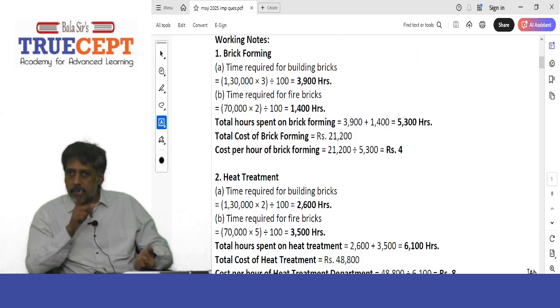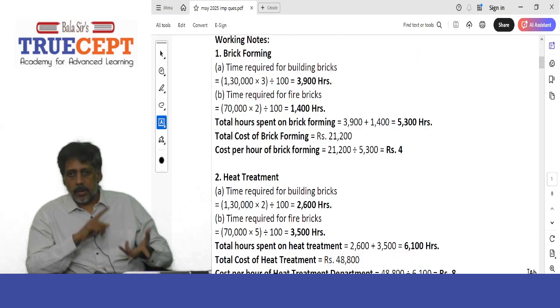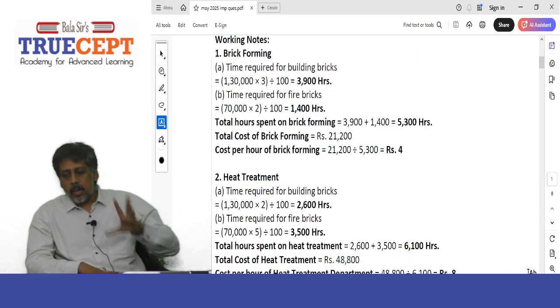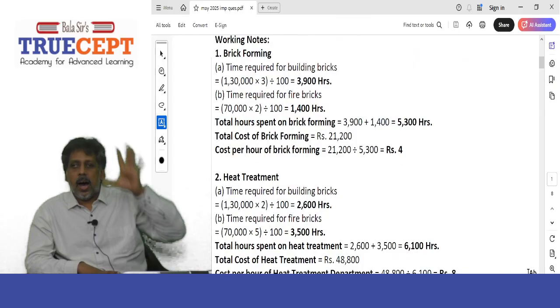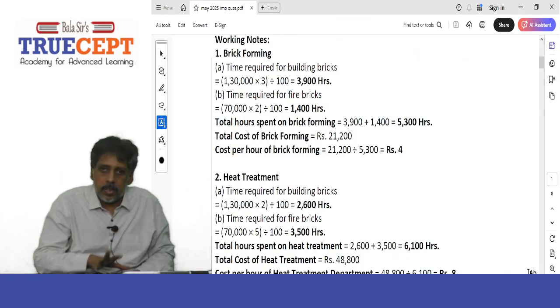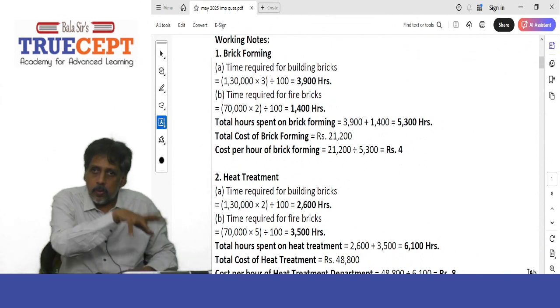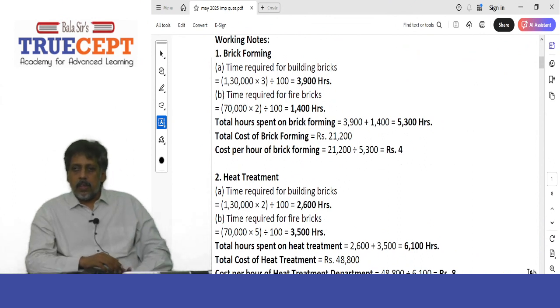It is 3 hours for building bricks and 2 hours for fire bricks. And then what about the second department? It is 2 hours and 5 hours. That is, you can say, a Himalayan blunder. Don't make that mistake. You have to consider the number of units produced. Now just see the solution.